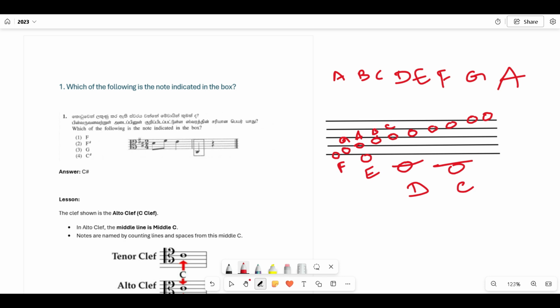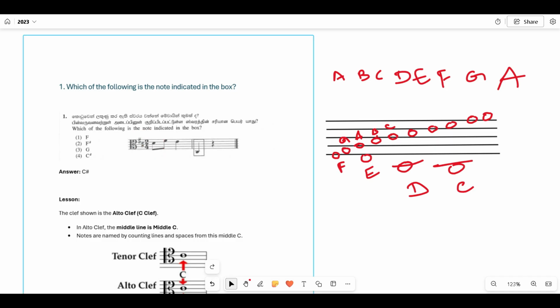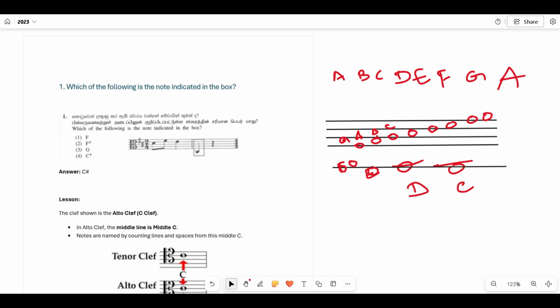And if you look at these things here, that's F sharp and C sharp, right? This is F sharp and C sharp, the key signature. So therefore this is C sharp.